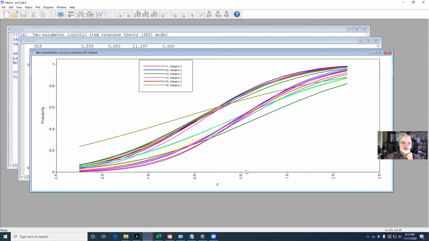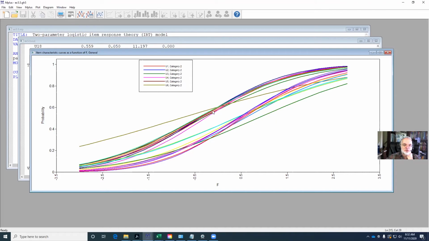So if you want to design an instrument that will correctly differentiate between people at a given level, you'll want to pick items that are informative about the probability of correctly answering your question at various levels.